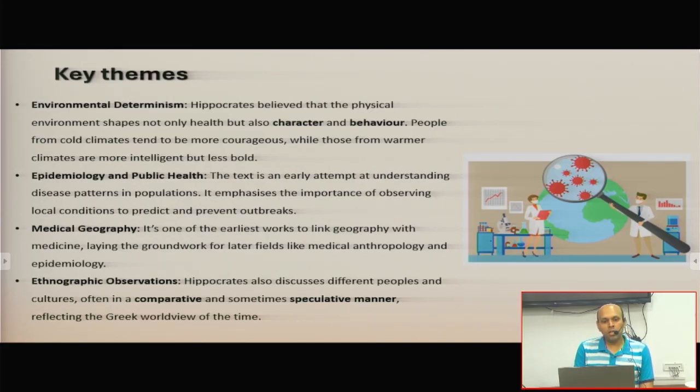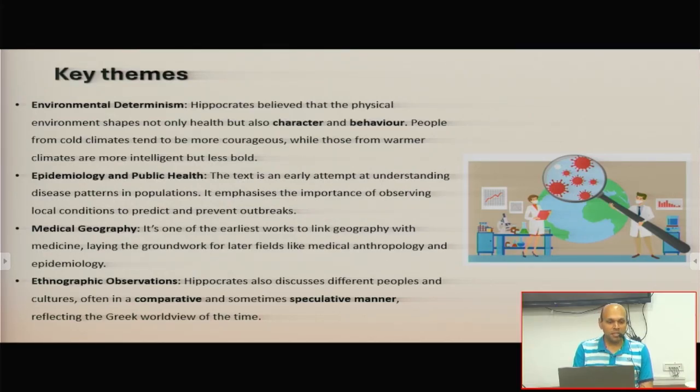People from cold climates tend to be more courageous, while those from warmer climates are more intelligent but less warm. That was one of the things he highlighted. I'm not telling you to believe all this. As I said, some of the things are incorrect. You are the ones who are going to tell. You are going to be the scientists to highlight which one you think is correct and which one you think is incorrect.